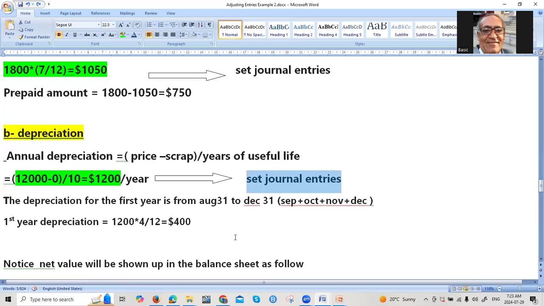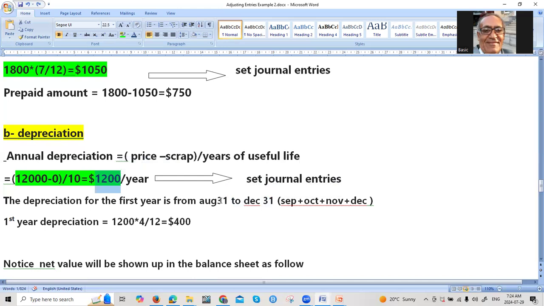Because what belongs to the year is 1,200. But wait, we are recording the period in which the transaction happened. But here, the transaction did not happen for the whole year. We bought this on August 31. We have to calculate until December 31, because the 1,200 is for 12 months.